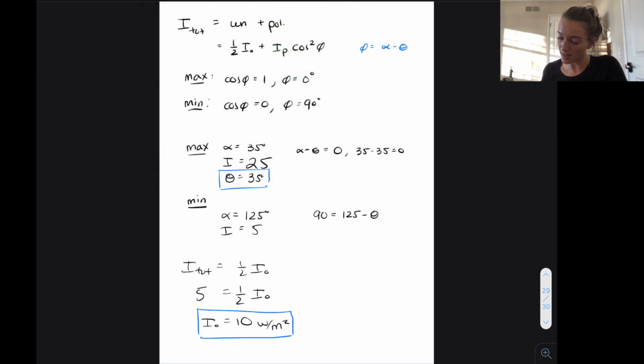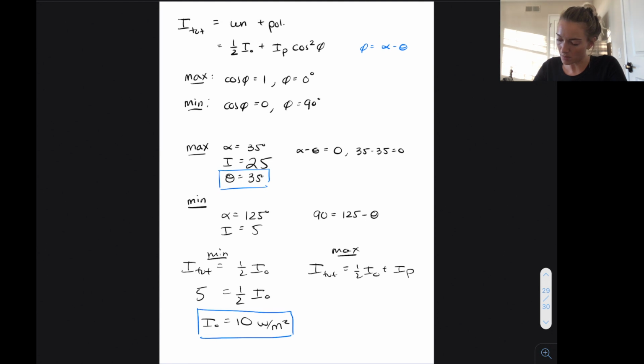Now the intensity of our polarized light, we can look at when it's at a maximum, so the cosine term will be equal to 1. So at our maximum we had, so this is for the min and this is for the max, I total will be 1/2 I naught plus I P, because then this cosine squared, like I said, is equal to 1.